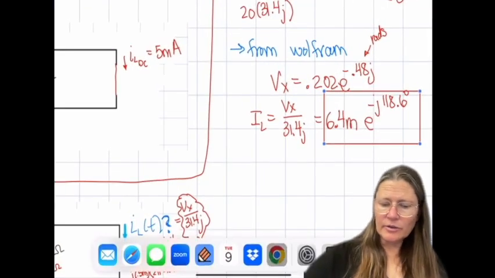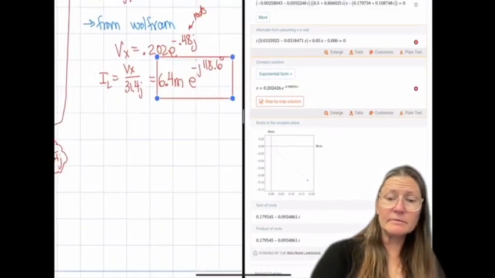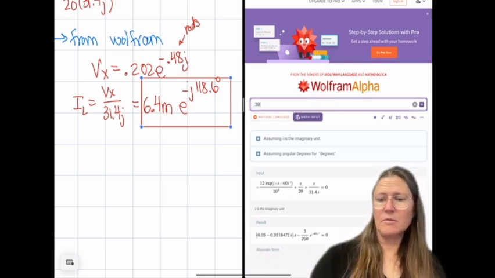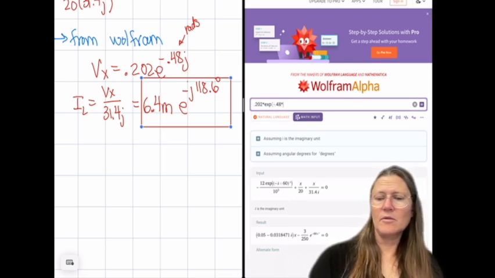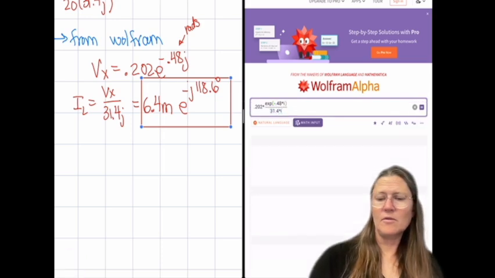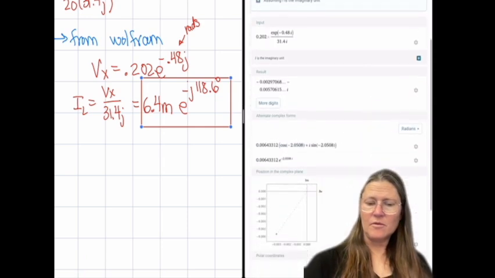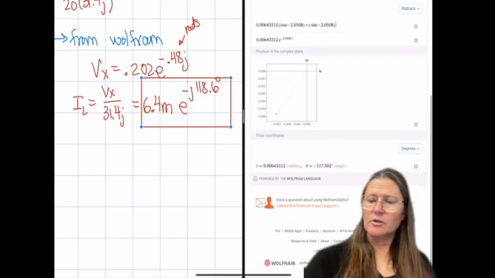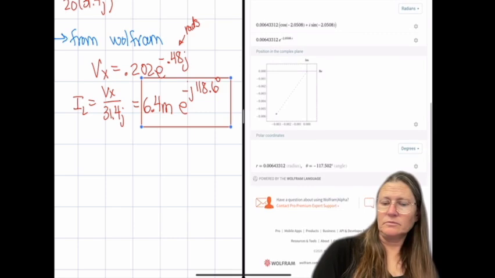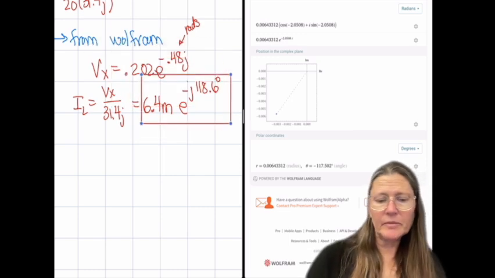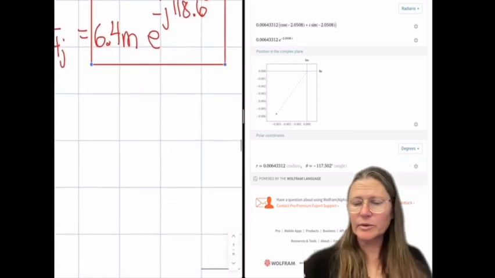And I can use Wolfram Alpha, which is what I tend to like to use. All right, this is minus, oh, so maybe I was not off, minus 117.5.